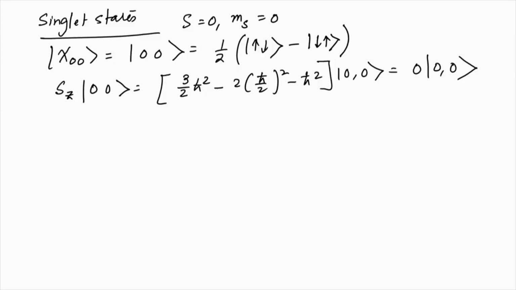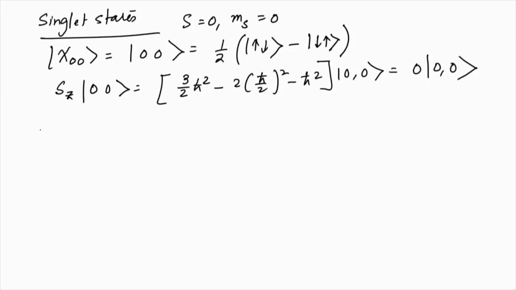So, we have found out all the 4 eigenstates of this 2 particle problem. Let us now look at the spin Hamiltonian consisting of these. If we want to construct a Hamiltonian only consisting of these 2 spins, it is like an Ising Hamiltonian or a Heisenberg Hamiltonian if it has full rotational symmetry. So, let us just discuss the construction of a magnetic Hamiltonian.